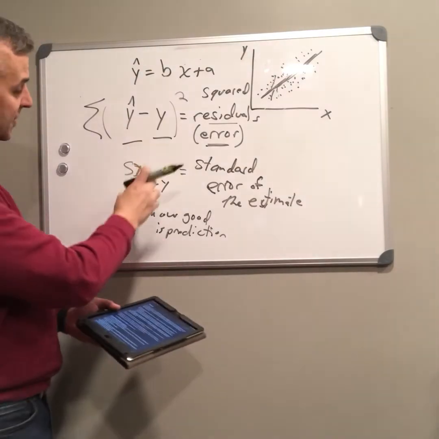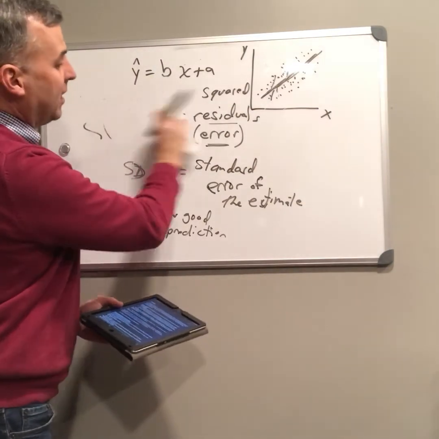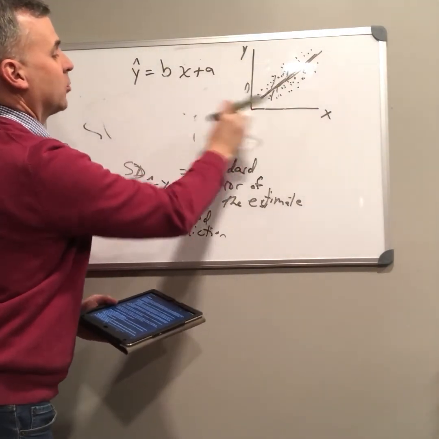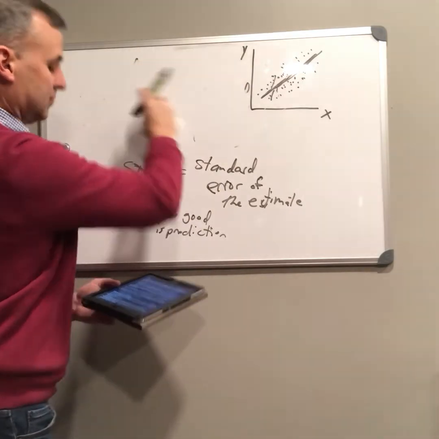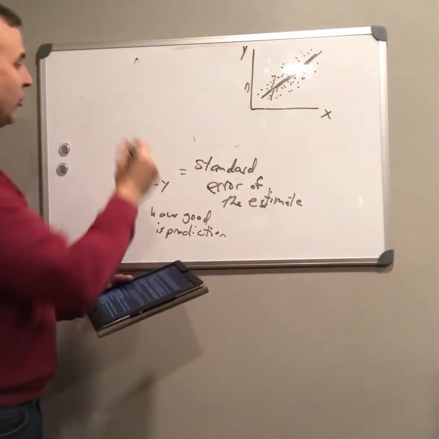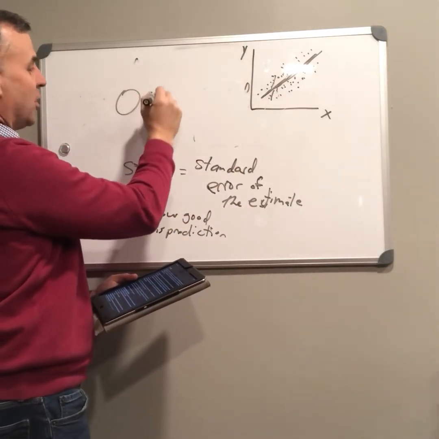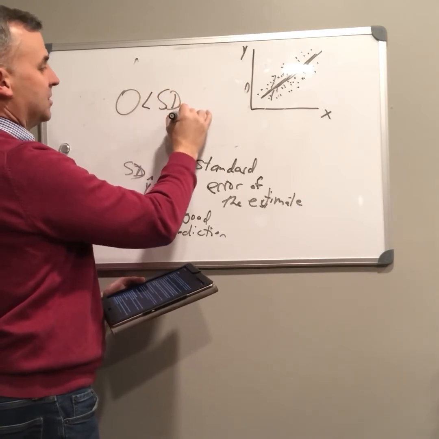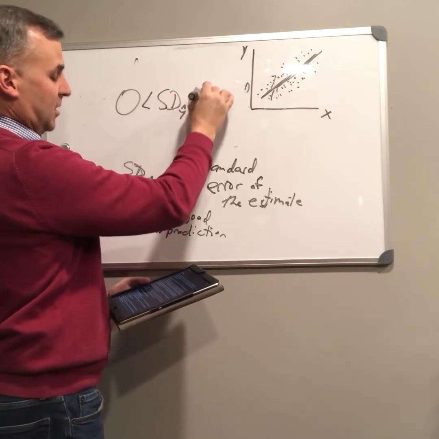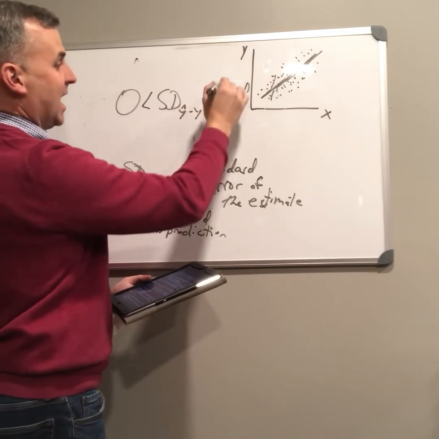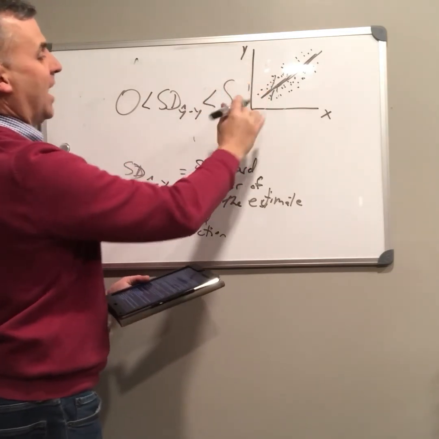Now, the standard deviation of y hat minus y, or the standard error of the estimate, has a range. And broadly, it ranges from 0, is going to be less than the standard error of the estimate, is going to be less than the standard deviation of y. Right?